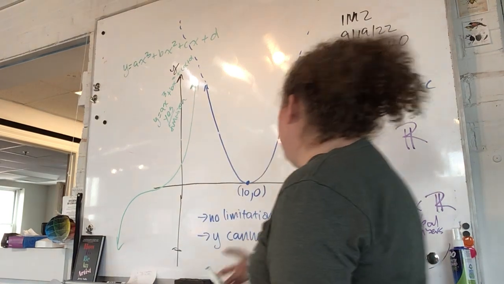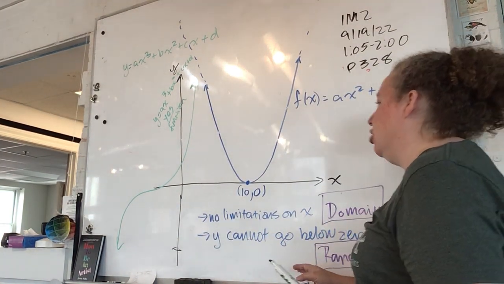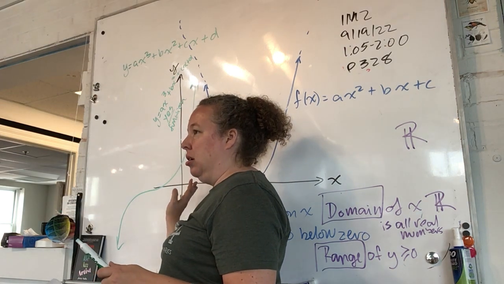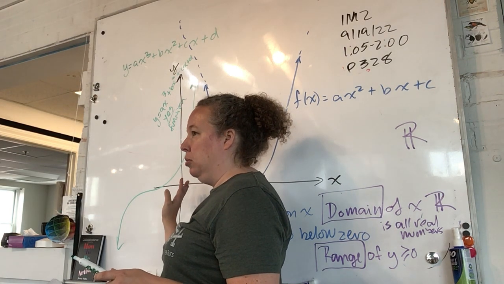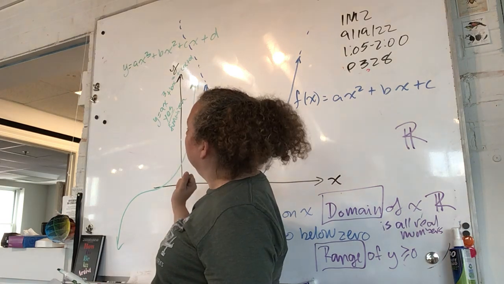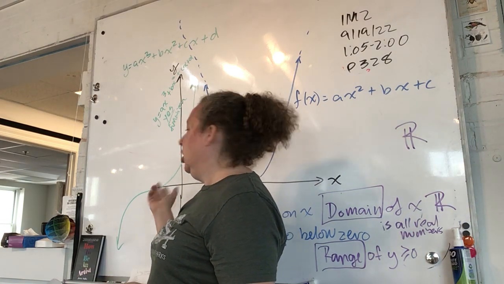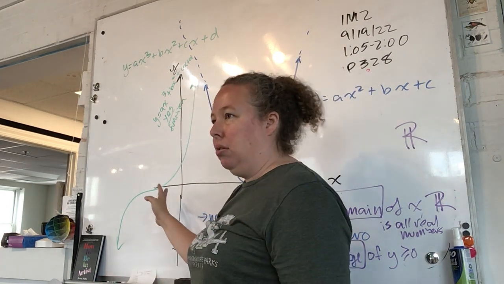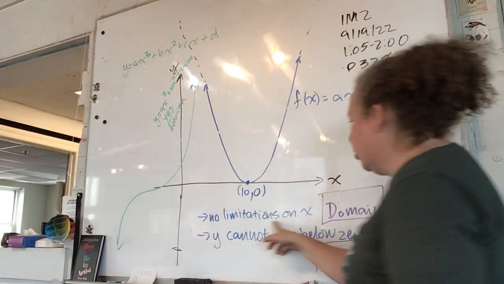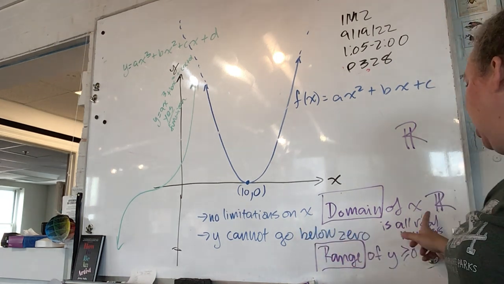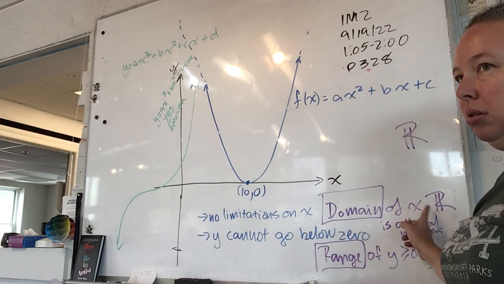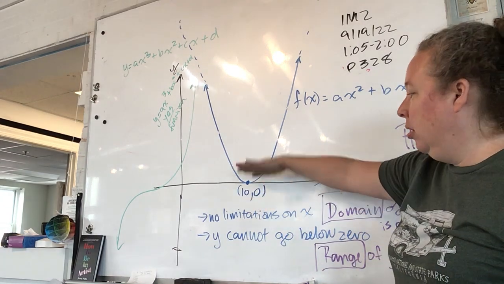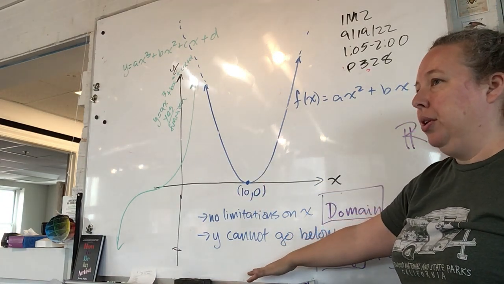Okay, so now we'll come back to this idea of the domain and the range. Can we plug in any x to y equals x cubed? Yeah, we can plug in negative numbers, positive numbers, 0. So again, there's no limitations on x. The domain is going to be all real numbers. Now on a parabola, y couldn't go below 0.